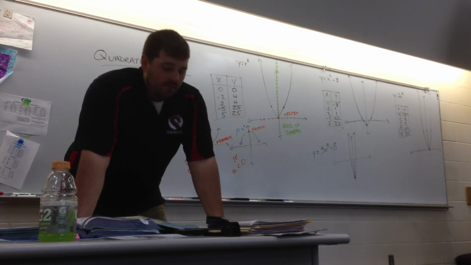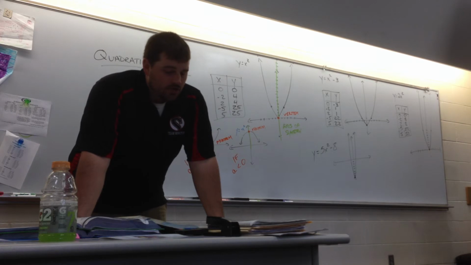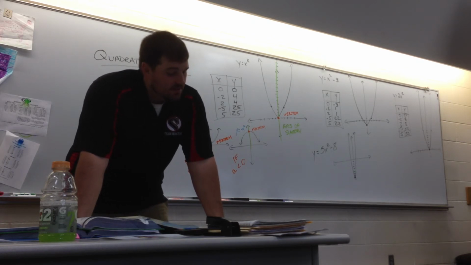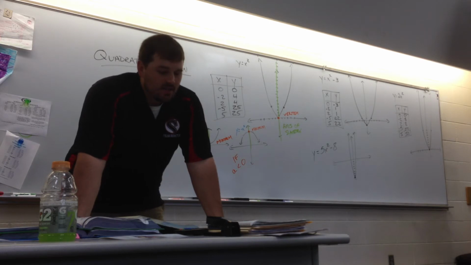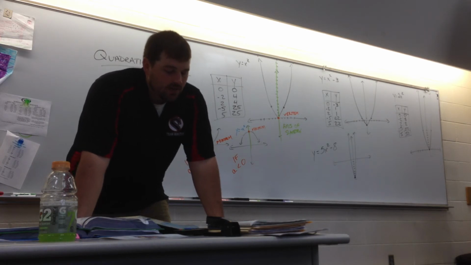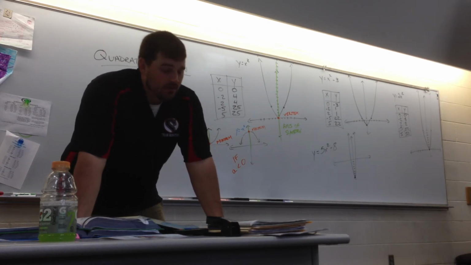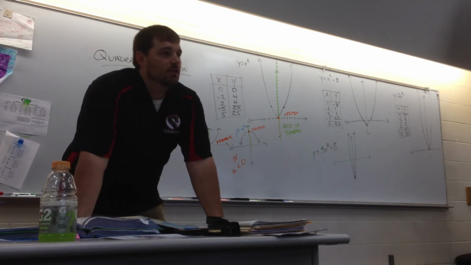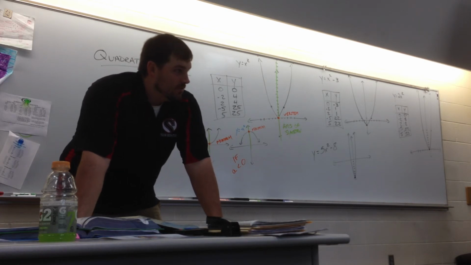Problem 5 says an acorn drops from a tree branch 20 feet above the ground. The function h equals negative 16t squared plus 20 gives the height h of the acorn after t seconds. So you can see that they have already substituted 20 for c because the branch is 20 feet above the ground. That's the initial height.